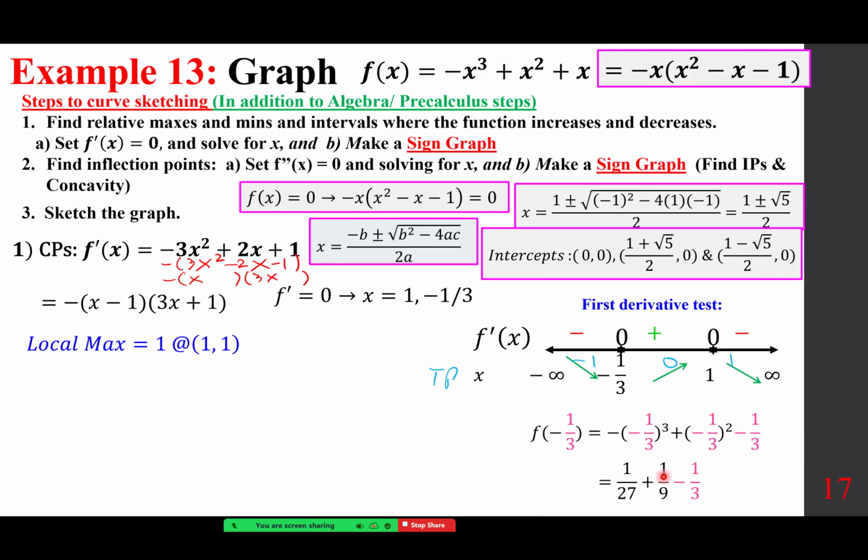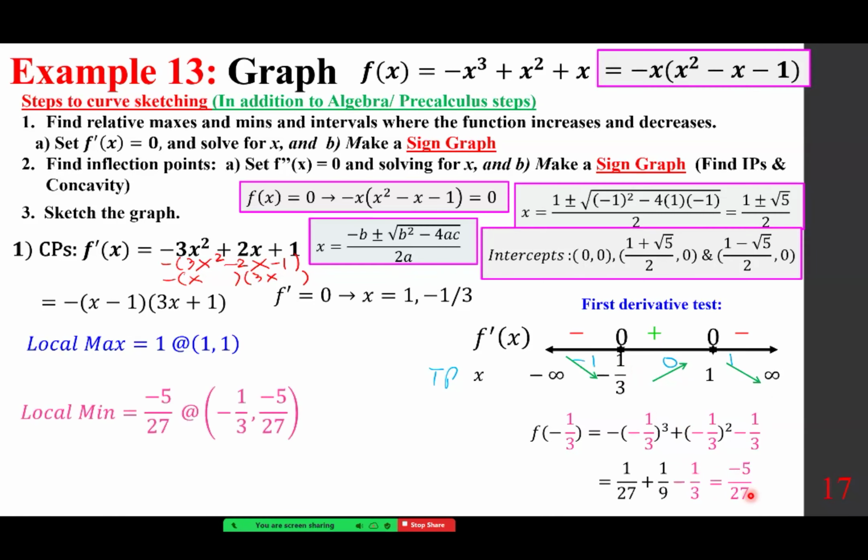So this becomes 3 over 27. This becomes 9 over 27. So 1 plus 3 minus 9 results in minus 5 over 27. Therefore, your local minimum is equal to this at this pair minus 1/3 and minus 5 over 27.